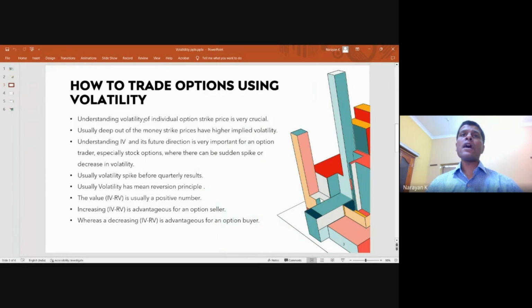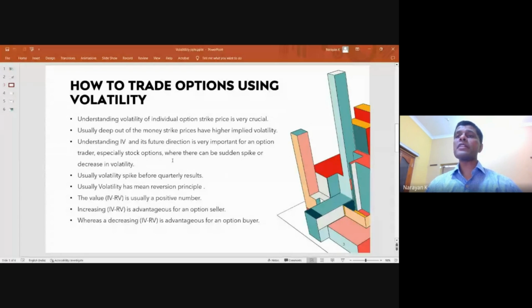Please remember, at the money strike options have a given implied volatility, and as you go far out of the money, options have very high implied volatility, or generally volatility increases for out of the money options. So there can be a sudden spike or decrease in the volatility, which may lead to a sudden spike in the option price or a sudden drop.